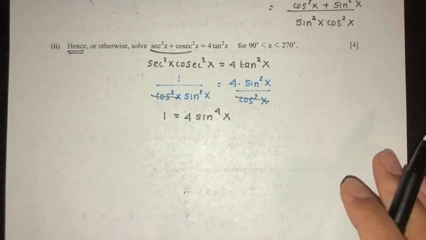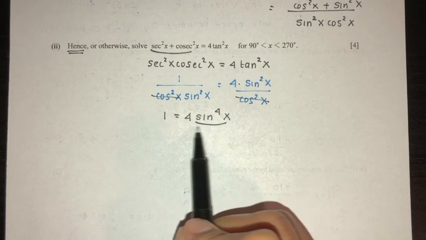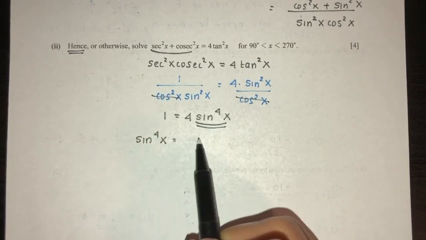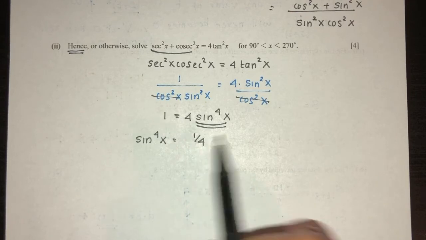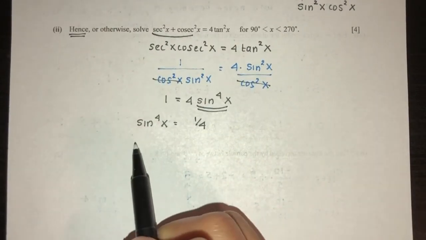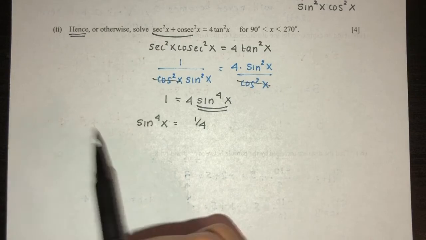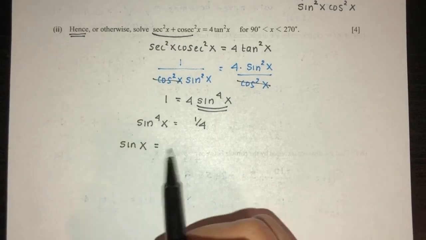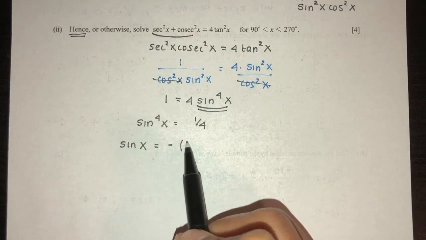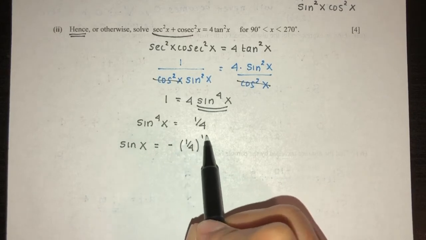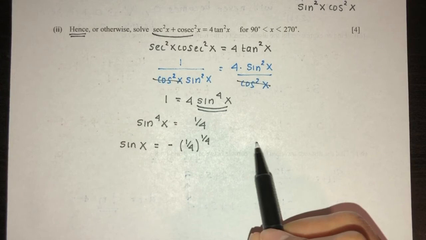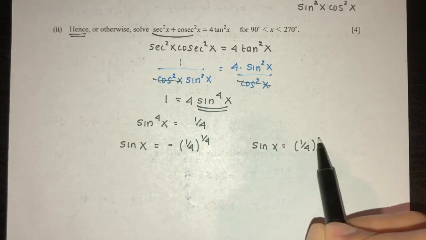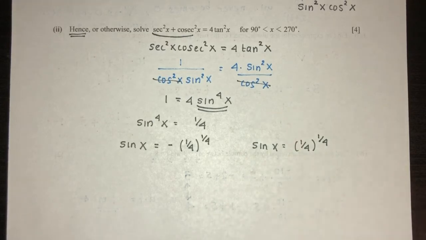Now if you make this the subject of the formula, you will have sine power 4x is equal to 1 over 4. Now basically you will have two values for x, one will be a negative value, that will be minus 4 power 1 over 4, or plus, right? So we have two values.